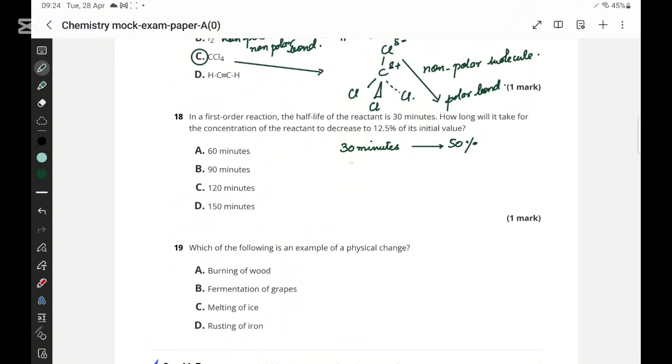After again 30 minutes the concentration falls to half, which is 25%, and after another 30 minutes it again falls to half, which is 12.5%. So the total time taken is going to be 90 minutes. So our right answer is going to be B.